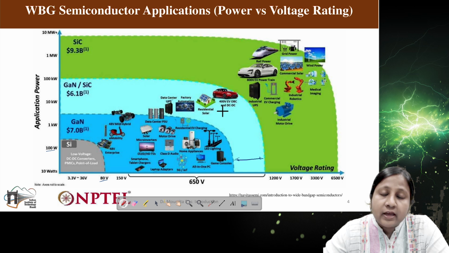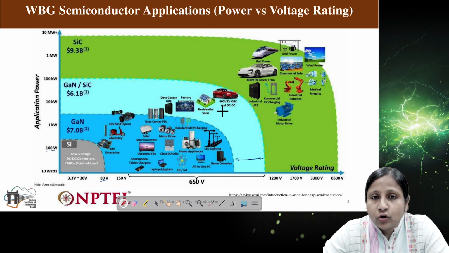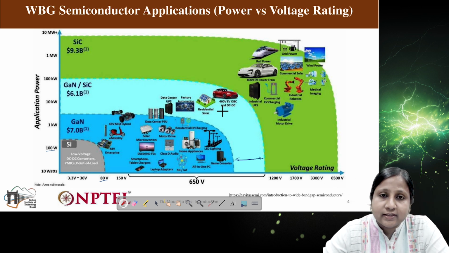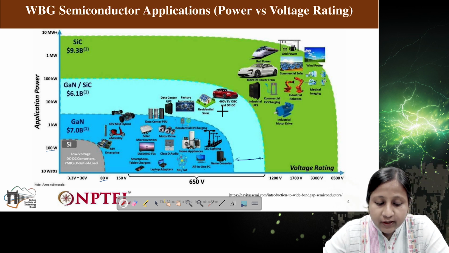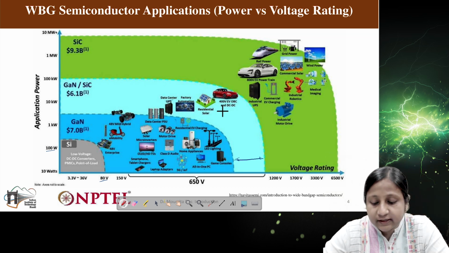Either GaN or silicon carbide devices can be used, but it is advisable not to use silicon as it may have larger size and lower efficiency. So silicon in those applications can be replaced with GaN or silicon carbide.